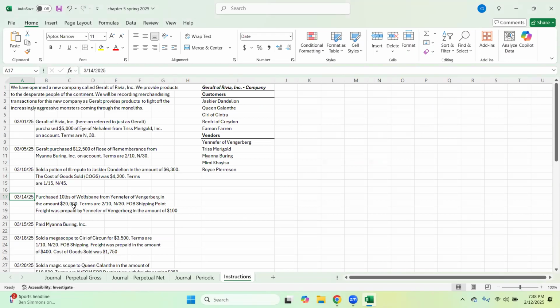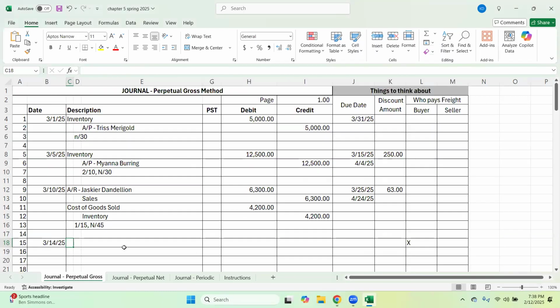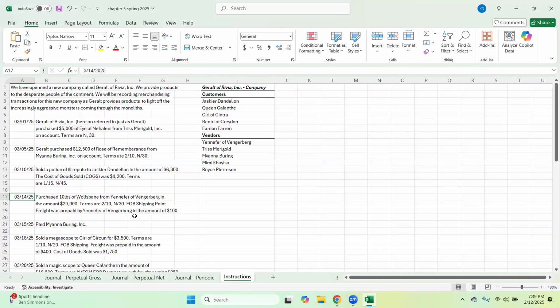Okay, we got 20,000, 2/10 net 30. This is going to be my inventory. Accounts payable. Yennefer. I'm just going to put Yennefer because I feel like it. Now in here, we said 2/10 net 30.